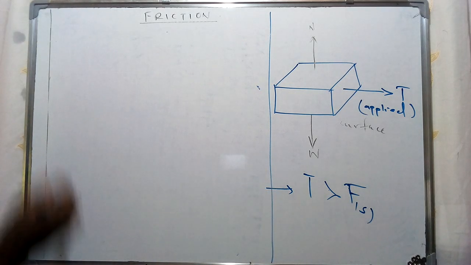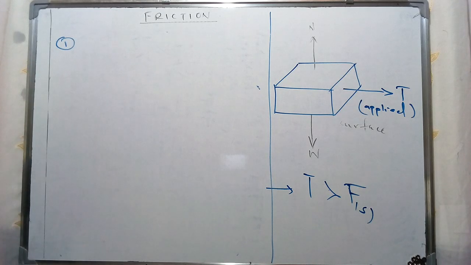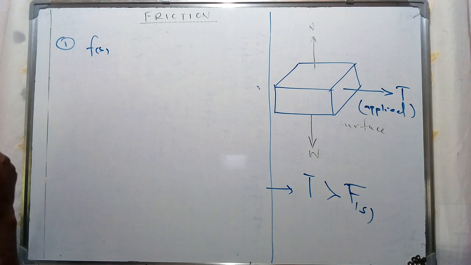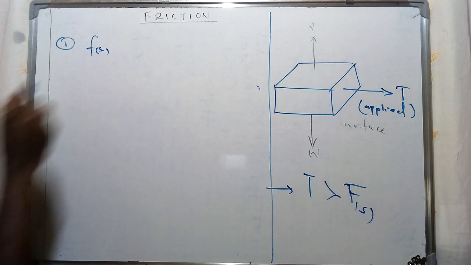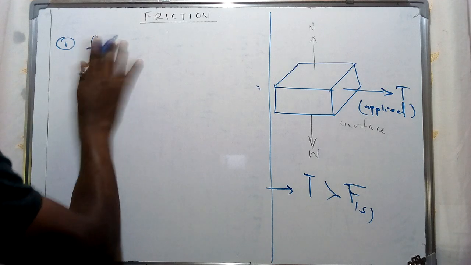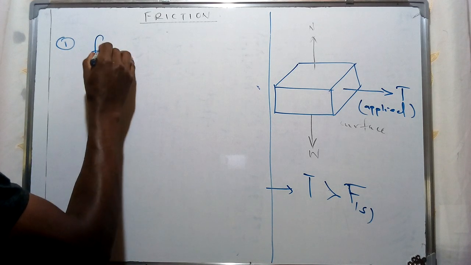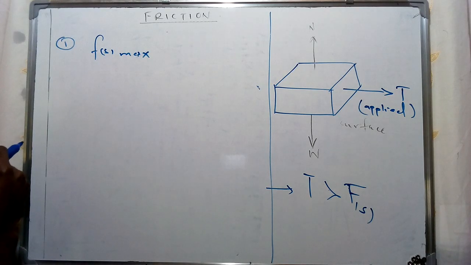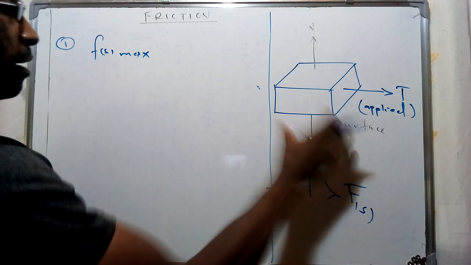So one of the properties of static friction, as we're going to see, is that the static friction involved is going to be given as a static friction maximum. And at the static friction maximum, for the second case which I've said, the object will start sliding.